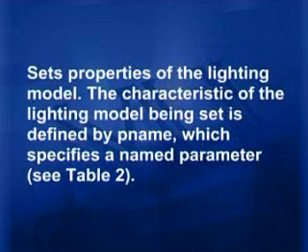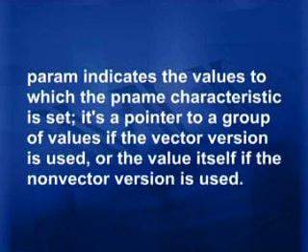Now this sets properties of the lighting model. The characteristic of the lighting model being set is defined by pname, which specifies a named parameter, for which you can refer to table number 2. Param indicates the values to which the pname characteristic is set. It's a pointer to a group of values if the vector version is used, or the value itself if the non-vector version is used.